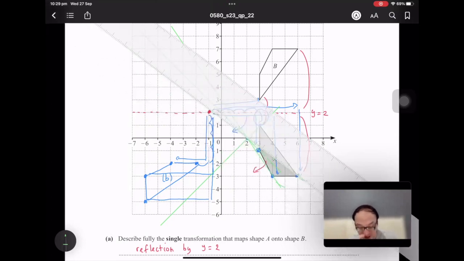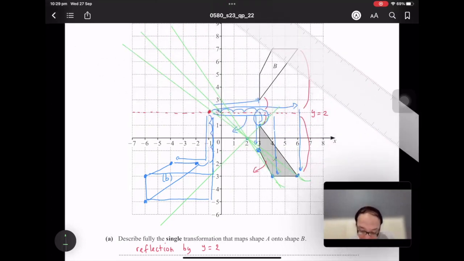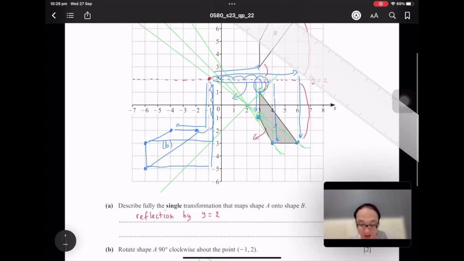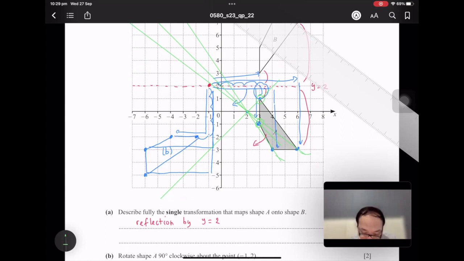Now from here to here is 2 squares, so with -2 it becomes 4.